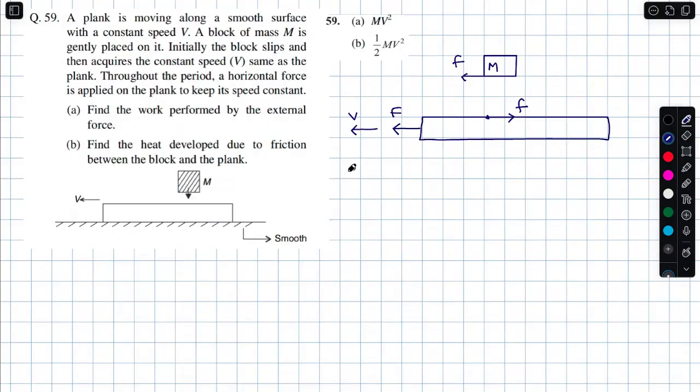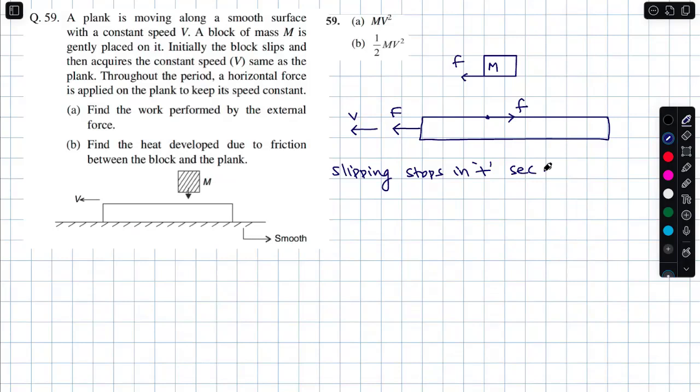Now let us say slipping stops in t seconds, because after t seconds, the block and the plank move with the same velocity thereafter.